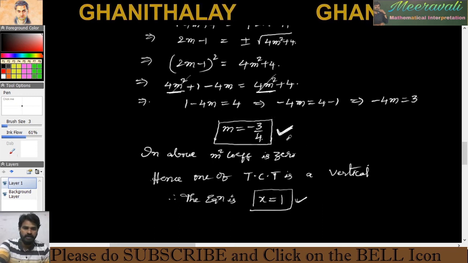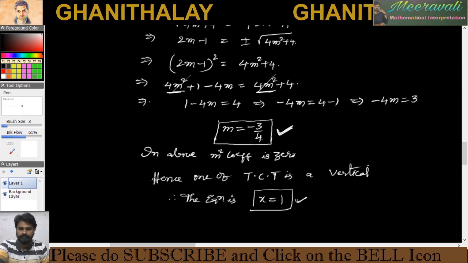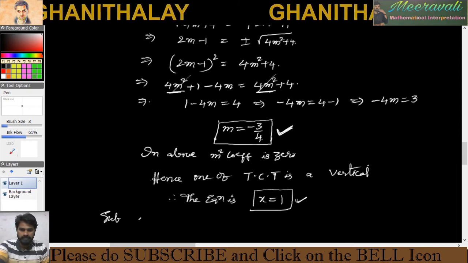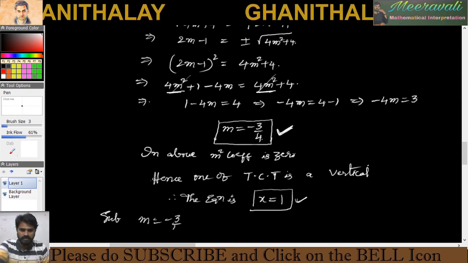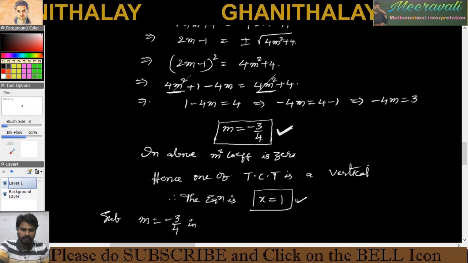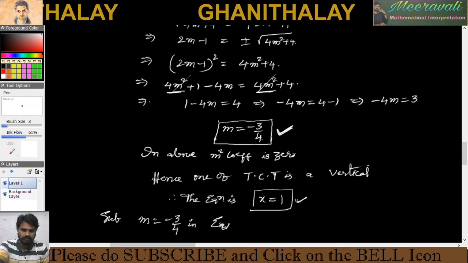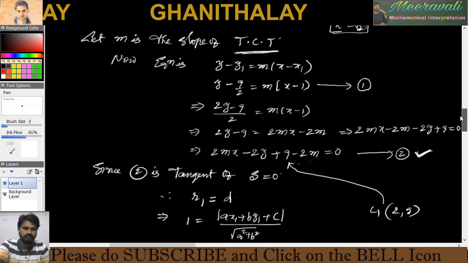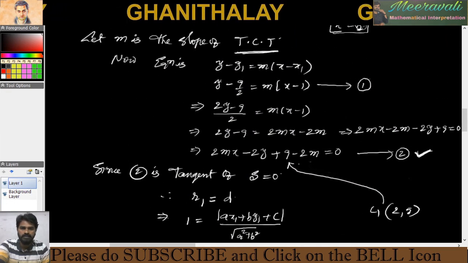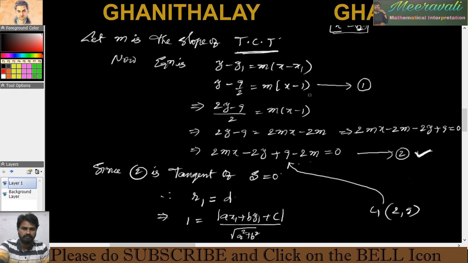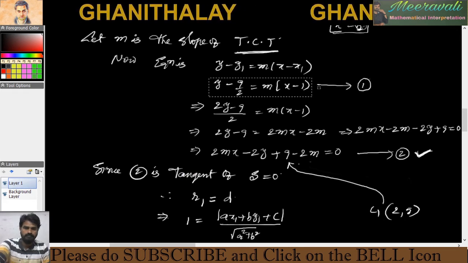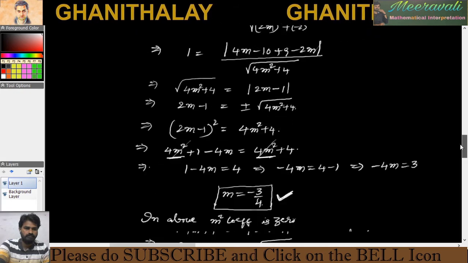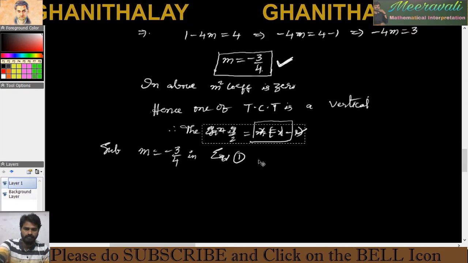Now substitute m is equal to -3/4 in equation 1. What is the equation 1 here? I am going to copy this one. So paste here.